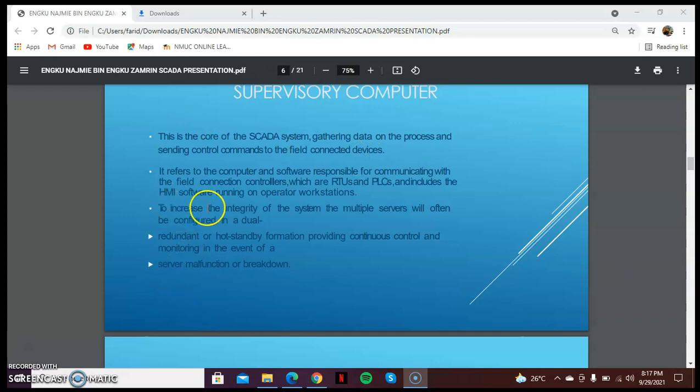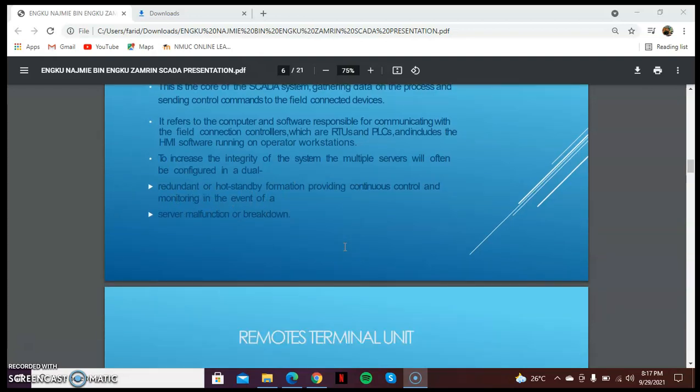Thirdly, to increase the integrity of the system, the supervisory computer will often be configured in a dual redundant or hot standby formation, providing continuous control and monitoring in the event of server malfunction or breakdown.